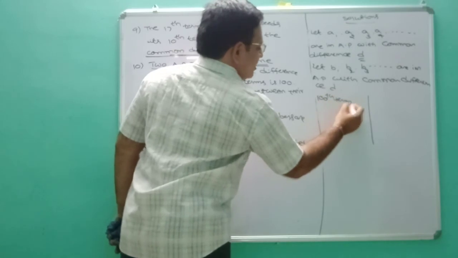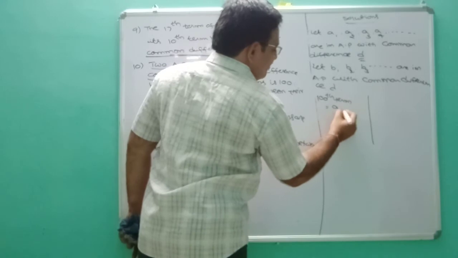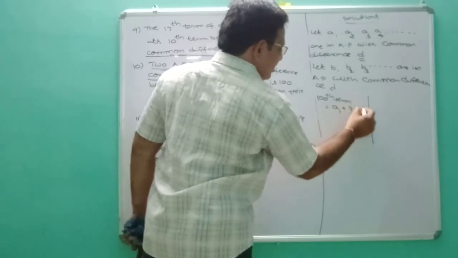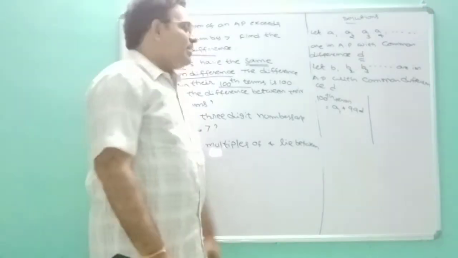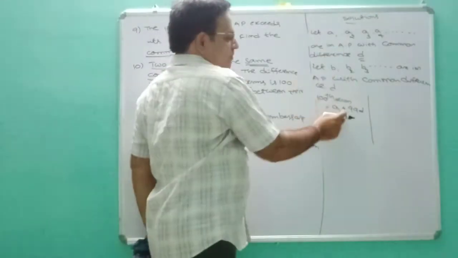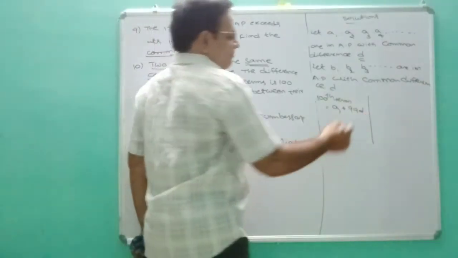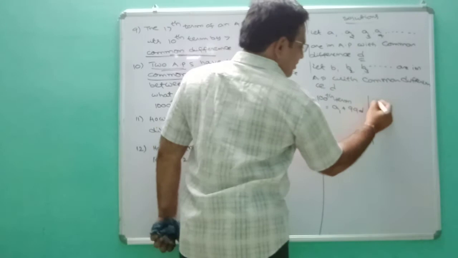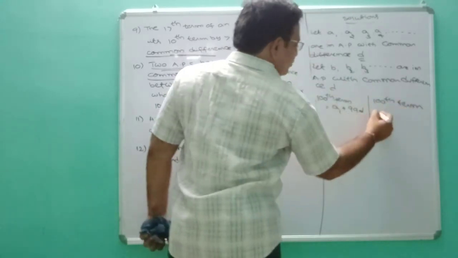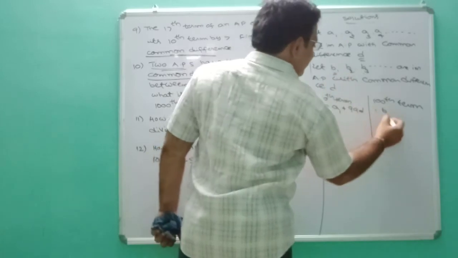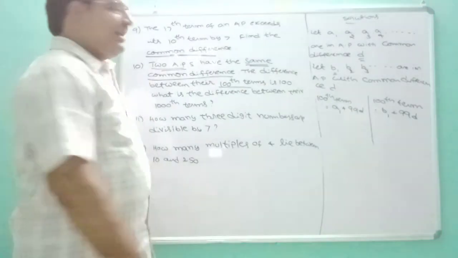The 100th term in the first case is A1 plus 99D, because an equals a plus n minus 1 into d. The 100th term means first term plus 100 minus 1 into d, that is a1 plus 99d. In the same manner, the 100th term of the second AP is b1 plus 99d.